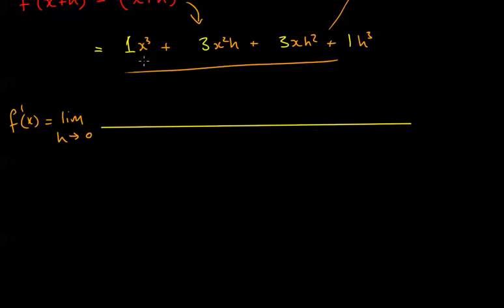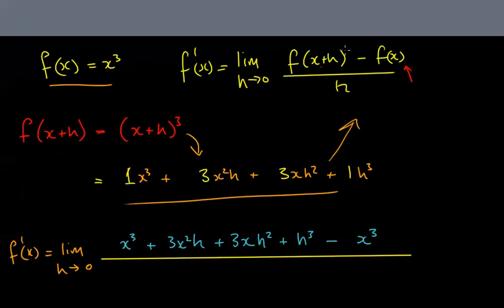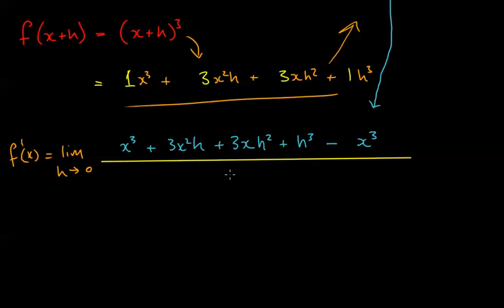It's going to be x cubed plus 3x squared h plus 3x h squared plus h cubed, and then subtract. What are we subtracting? We're subtracting an x cubed, aren't we? Yep, that's your f of x here, and then I'm going to divide that by h.